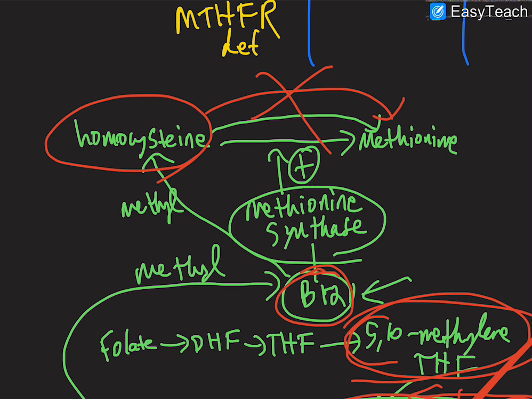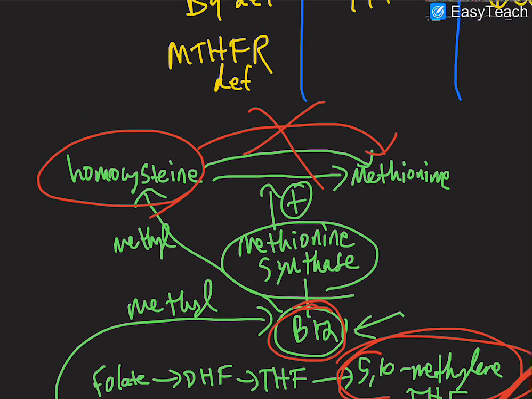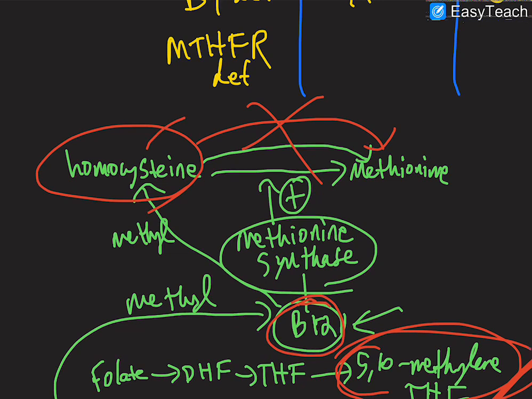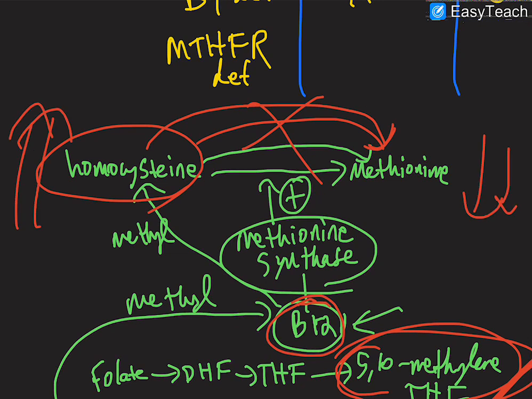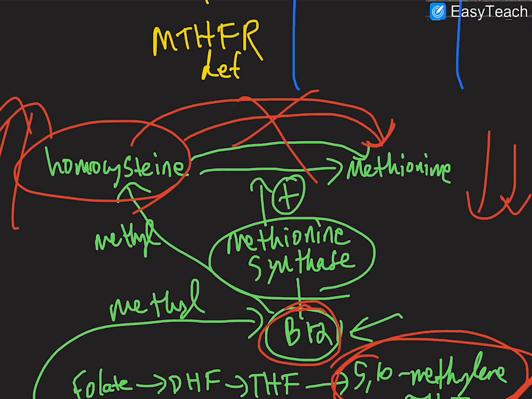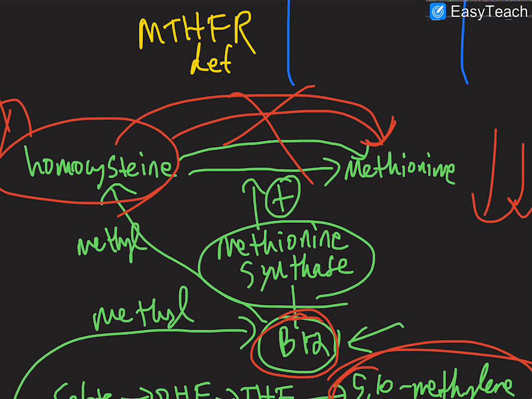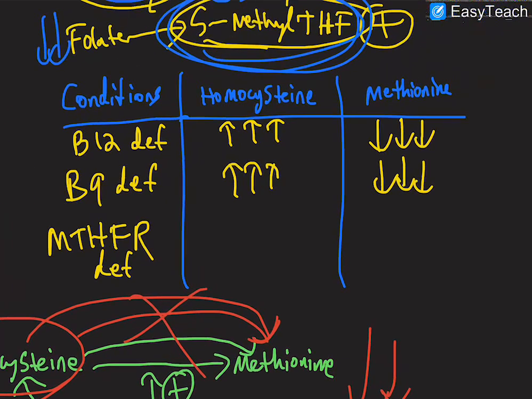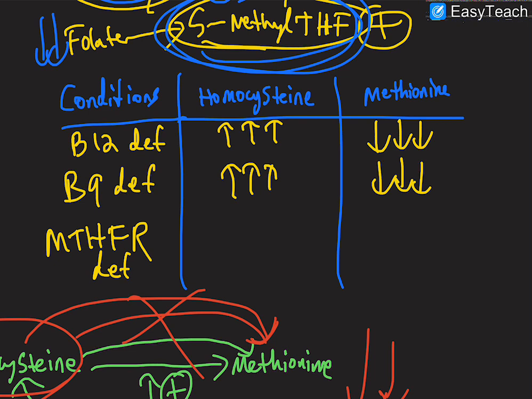Okay, so again, in methylene tetrahydrofolate reductase deficiency, if you can't convert homocysteine to methionine, homocysteine levels will be elevated, methionine levels will be decreased. So we can go and write that down. Okay, so homocysteine levels will be elevated and methionine levels will be decreased.